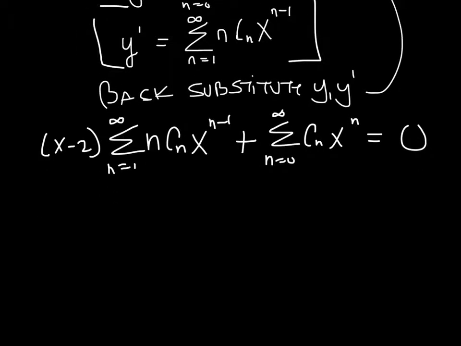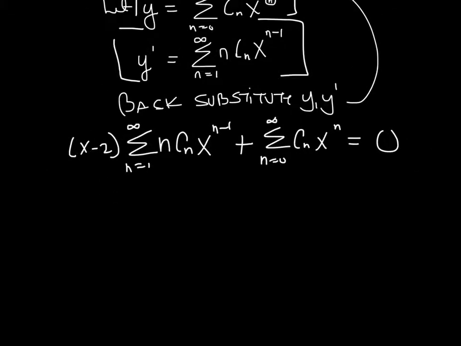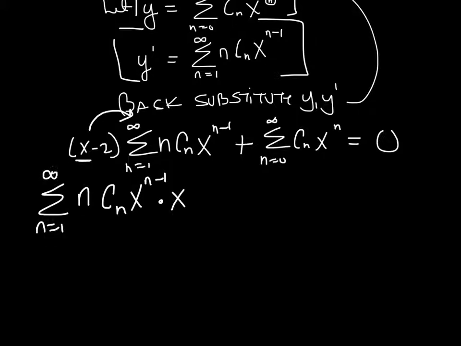So now we can simplify this a bit. We can distribute this x into the sum, and then, of course, the negative 2 into the sum. So when we do that, we have n Cn x to the n minus 1 times x, this x that I'm multiplying, and my index stays the same, minus 2, and I'll go ahead and write it inside, n equals 1 to infinity, 2 n Cn x to the n minus 1.